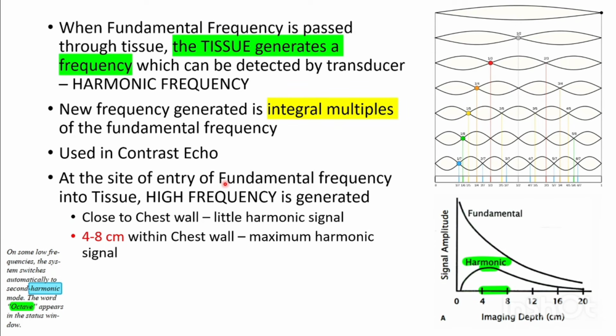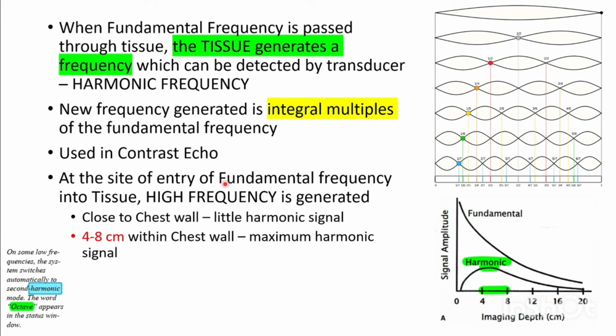The sound wave generated by the tissue itself can be detected by the probe, but we have to eliminate the fundamental frequency which we have sent in, as that also reflects back. We take in only what the tissue generates because of the fundamental frequency striking it.